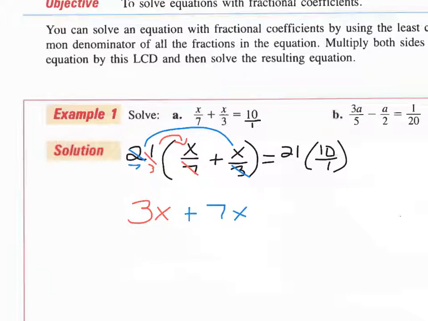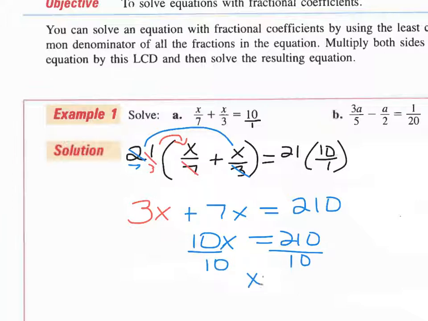And then over here, I just have to multiply the 21 times 10, because nothing cross simplifies, and I get 210. Now I just solve what remains. So 7x plus 3x is 10x is equal to 210. Divide by 10, and x equals 21. And that's your answer on that one.